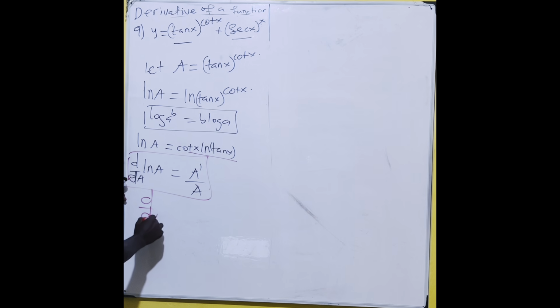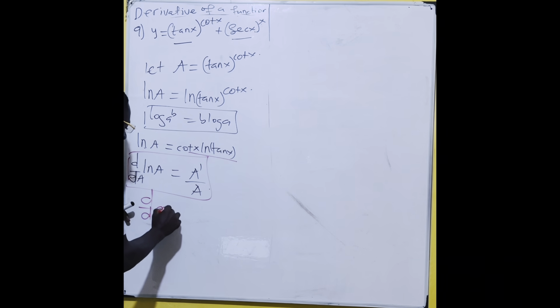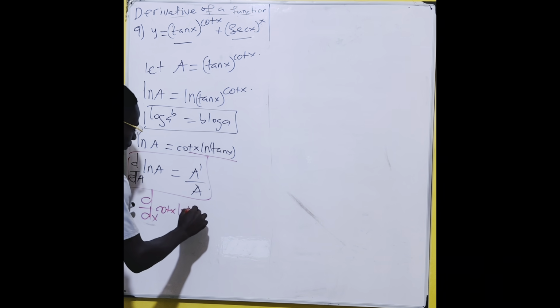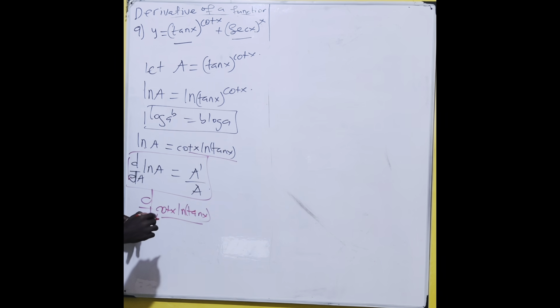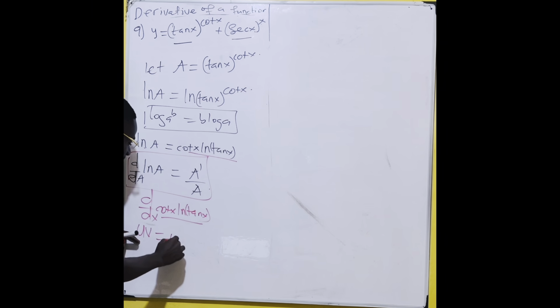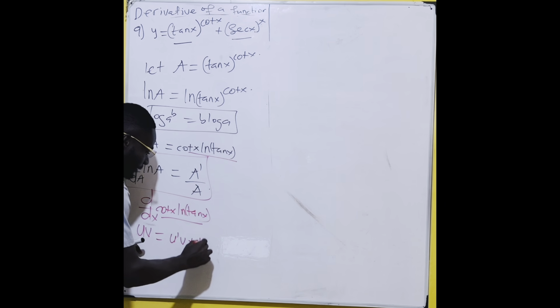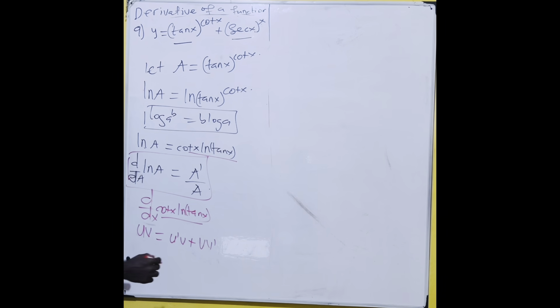Derivative of cot x ln tan x, right? And this, we are going to use the product rule. And the product rule says that when you have two functions stacked together, then you differentiate the first function, maintain the second function, plus maintain the first function, differentiate the second function, right?